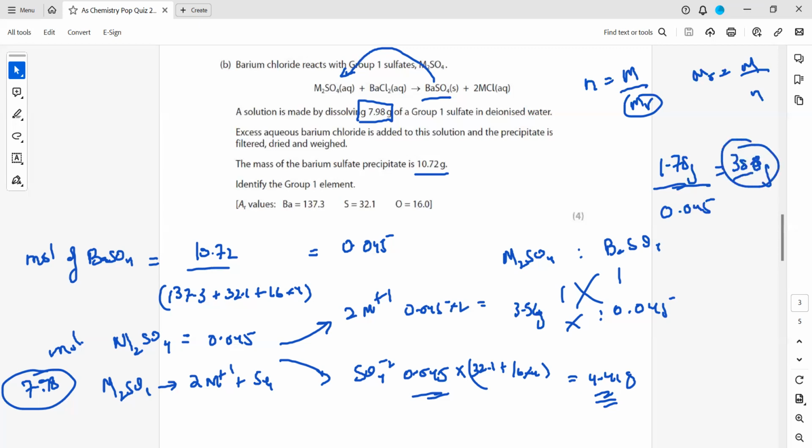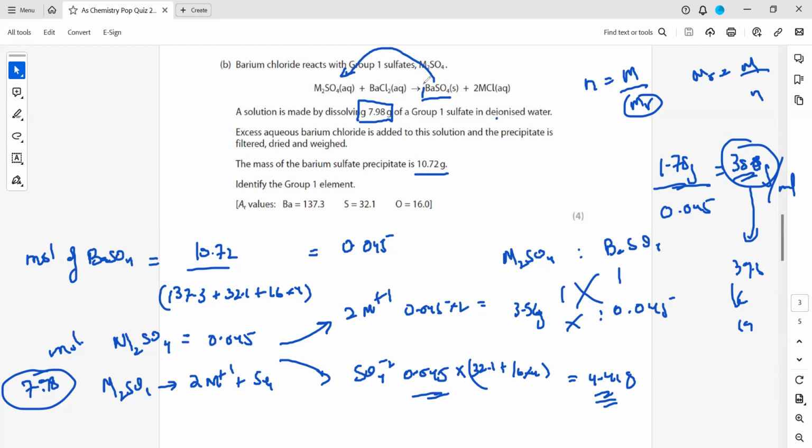So 38.8 is the molar mass, or gram per mole. So which element has 38.8 gram? That is potassium, because potassium is 19 and 39 is there. So it means that this element which is attached here with sulfate is actually potassium.